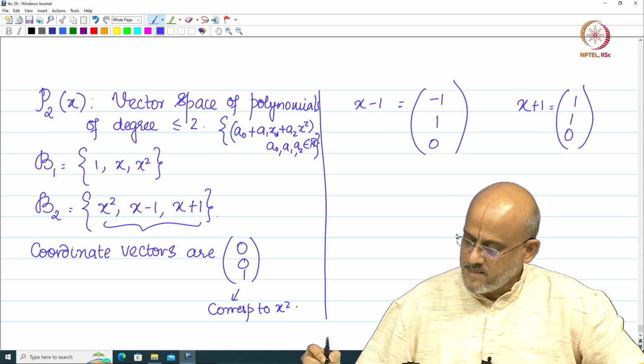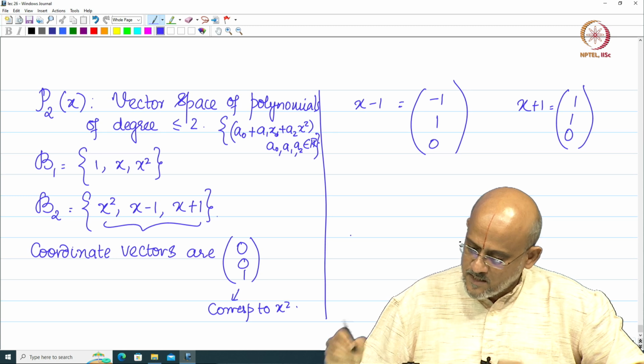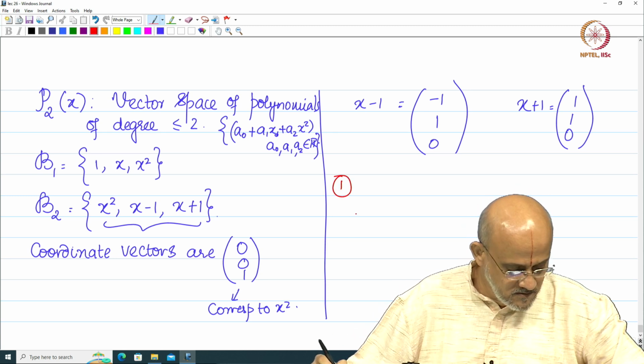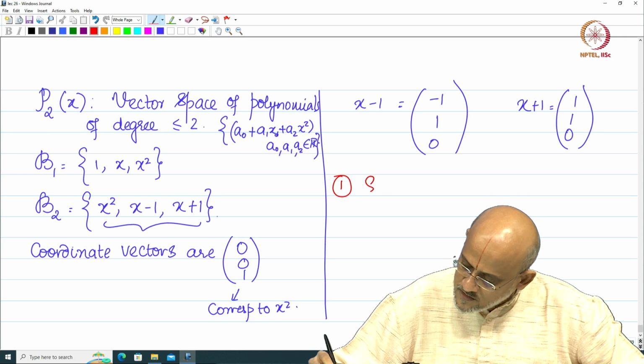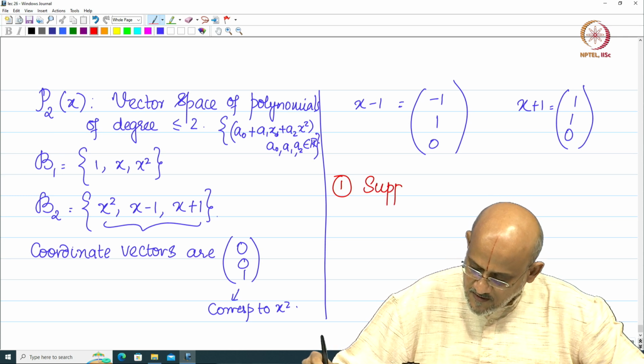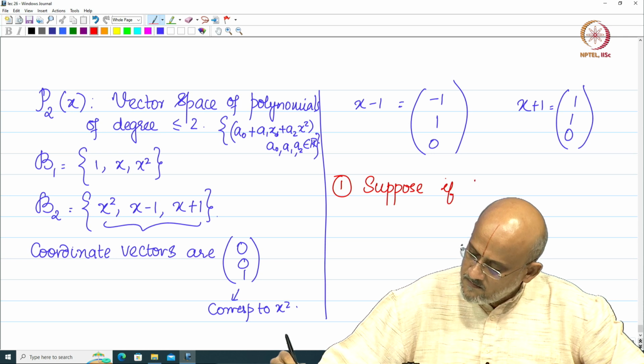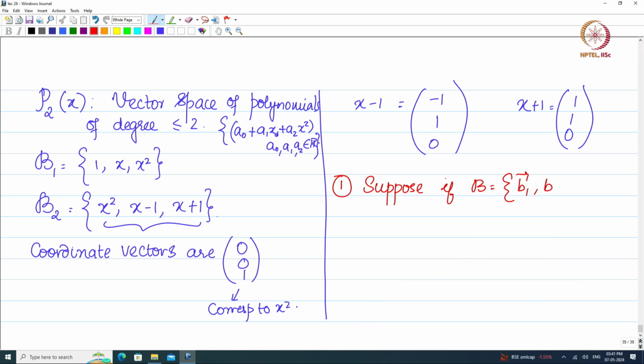Now what is more interesting is two things. Number one, suppose B is equal to b1, b2, etc. bn, and it is a basis for Rn.